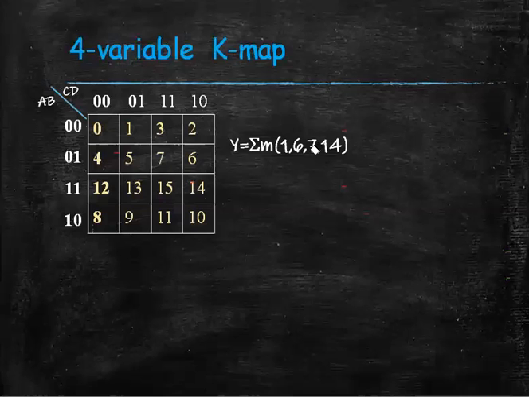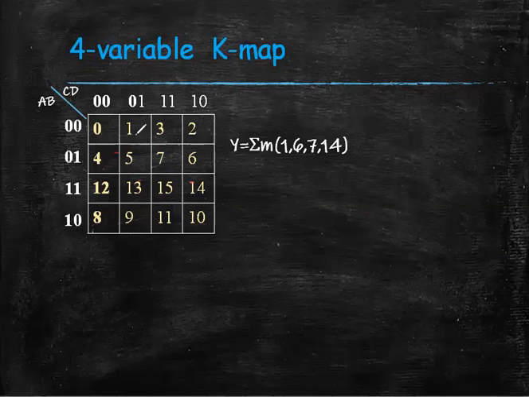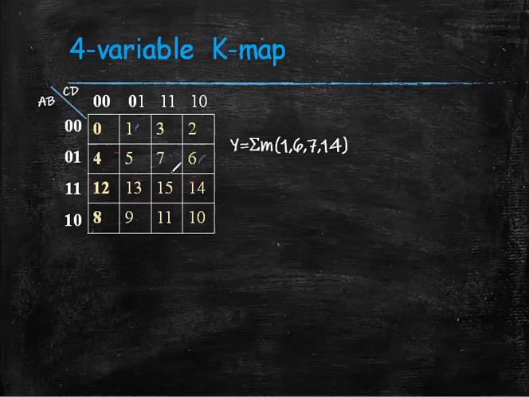It means that there must be a high output for 1, 6, 7, and 14. In the K-map, there must be a 1 for the positions 1, 6, 7, and 14.